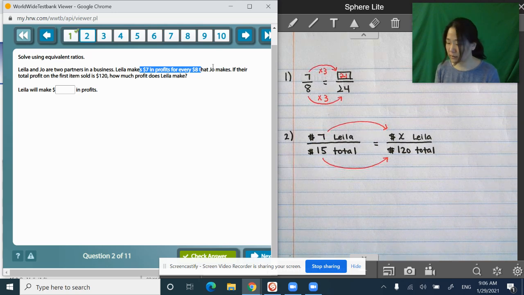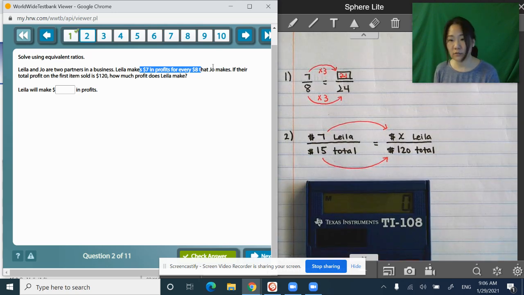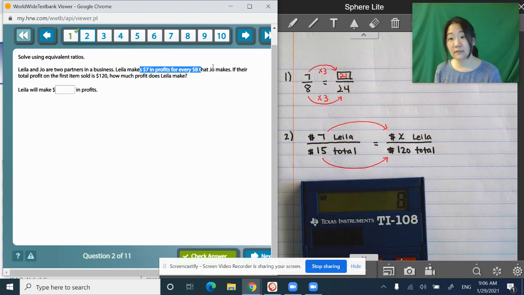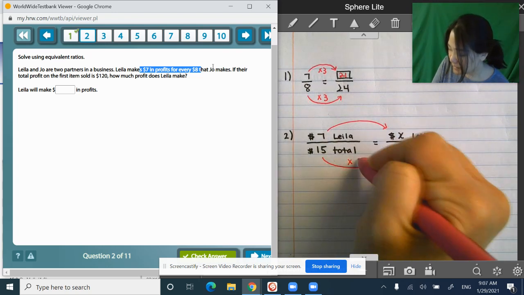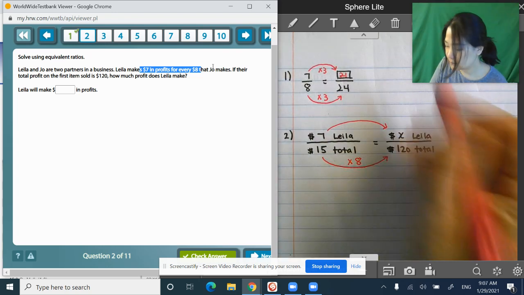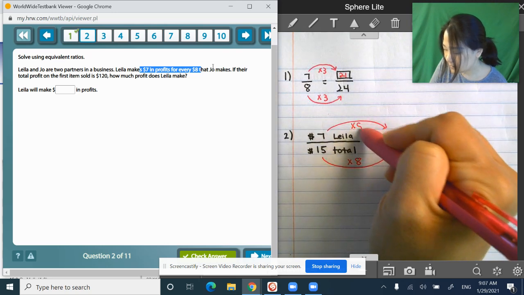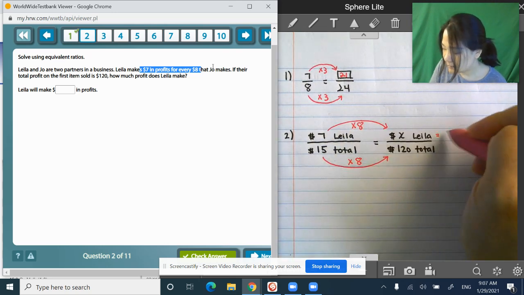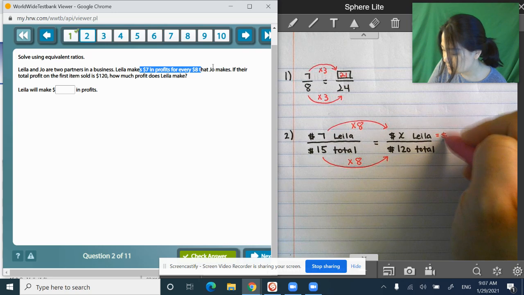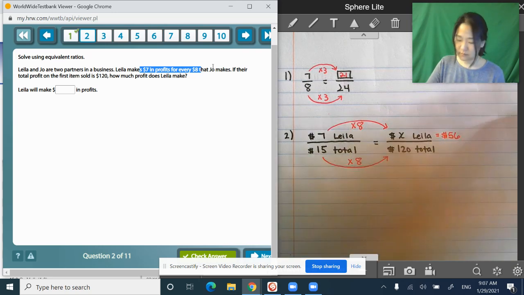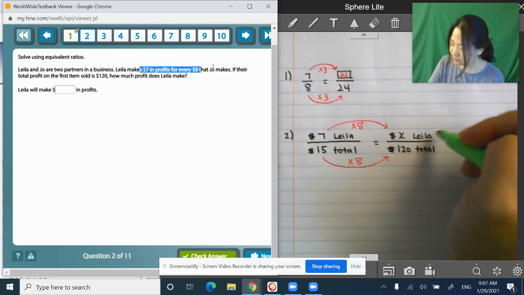If you're not sure, you can just try dividing 120 by 15, and then you get the factor. So 15 times 8 is 120, and so 7 times 8 is $56.